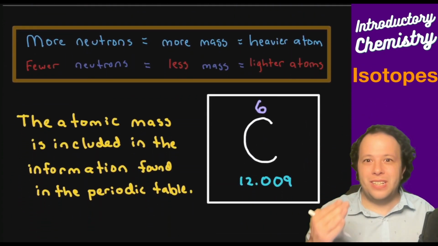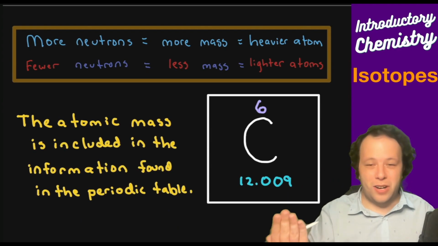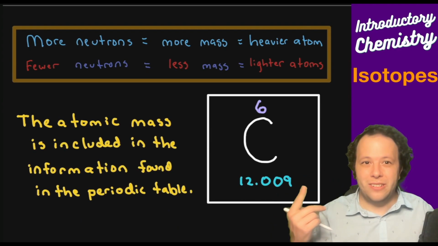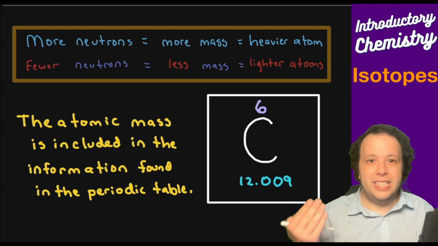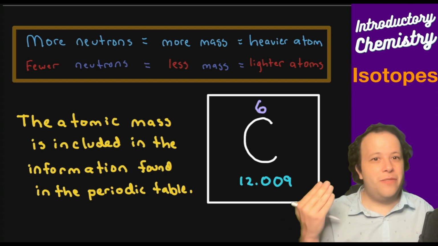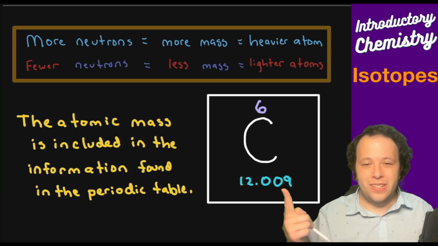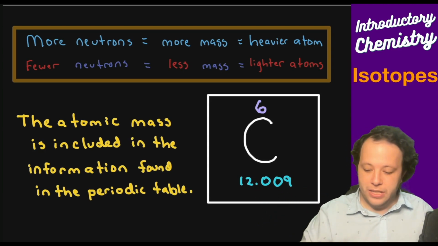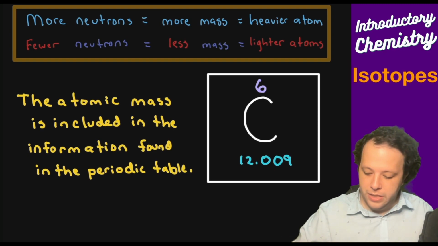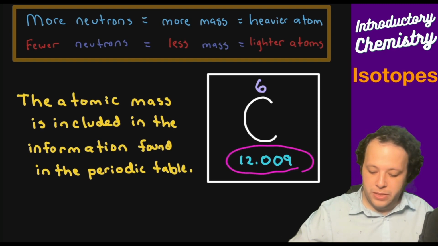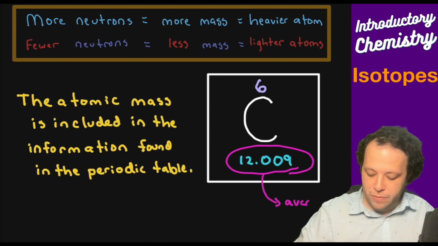Whenever we're looking at the periodic table, let's say we look at carbon, for example, like I have here, the atomic mass is included in the information found on the periodic table. However, this value here is an average. So what we are seeing here is that 12.009 is an average mass.